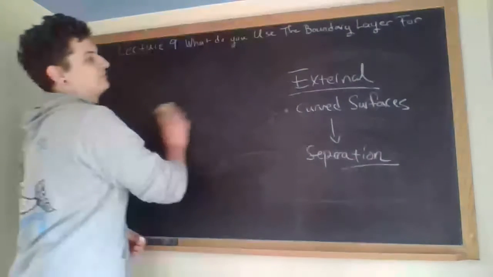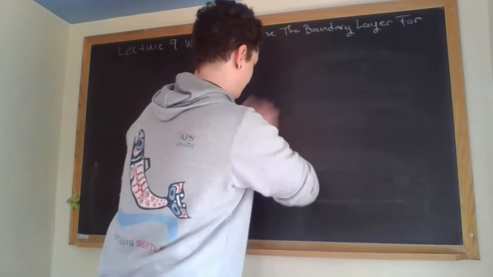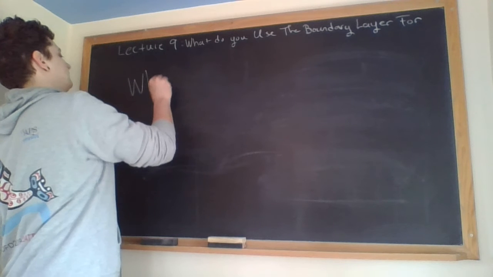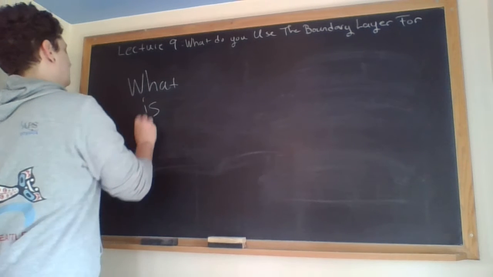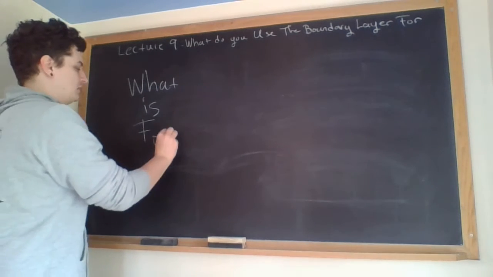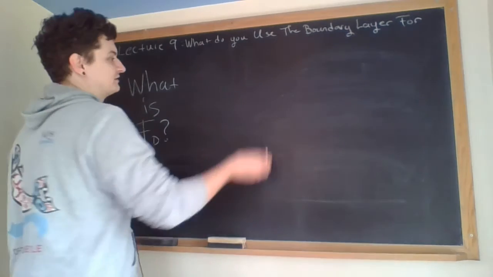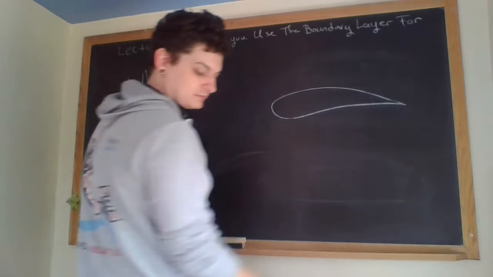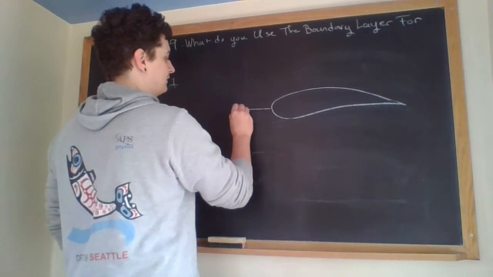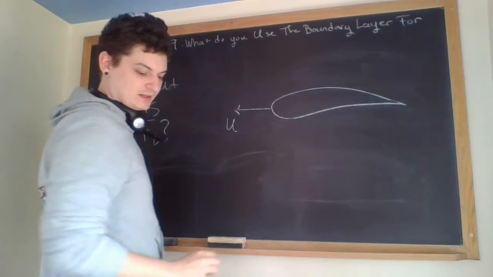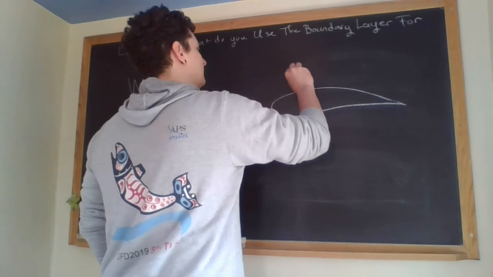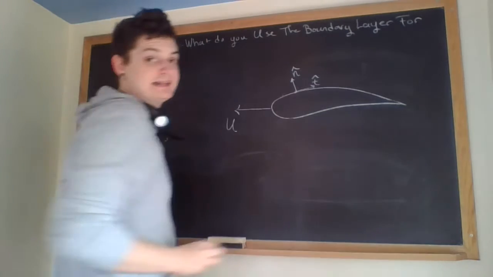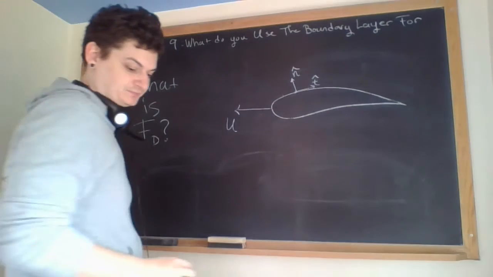Pressures means forces. Forces give us power, so that's what we want to get at, right? So what is drag force? That's the question I always want to answer. So you have this body, velocity. You have this normal vector to a surface and then a tangent vector to a surface.